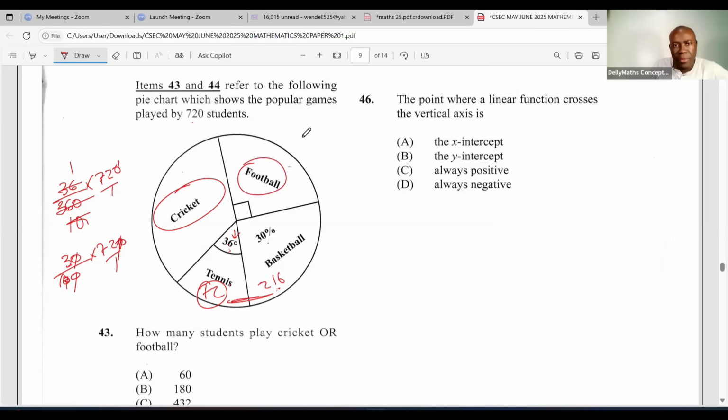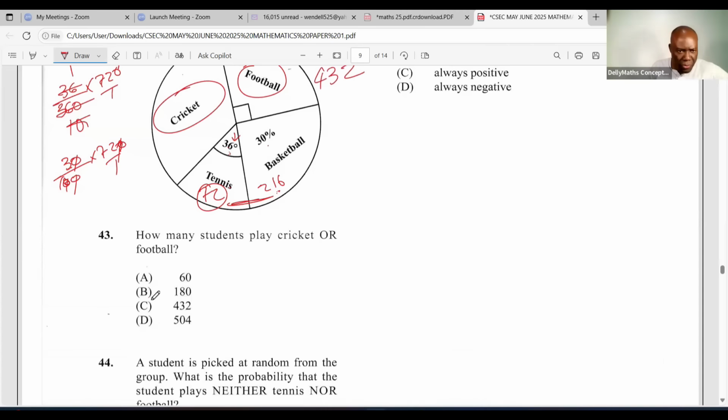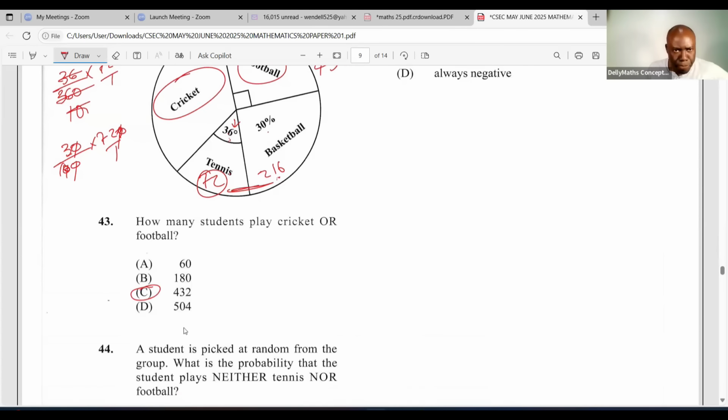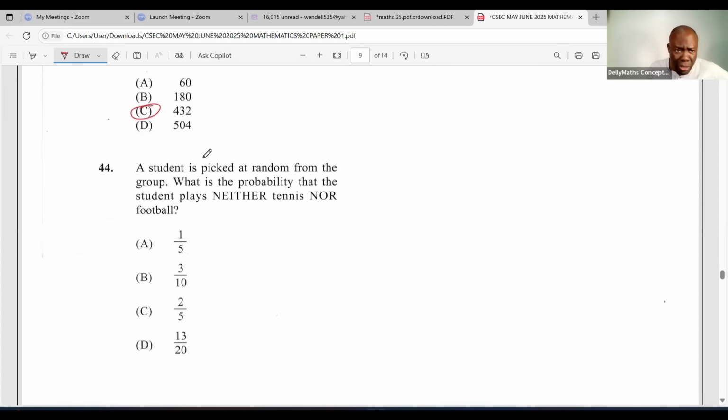So basically, 720 subtract 216 plus 72. That's my answer. It's about 432 persons for the others. There are many ways to do it, but that's the answer.